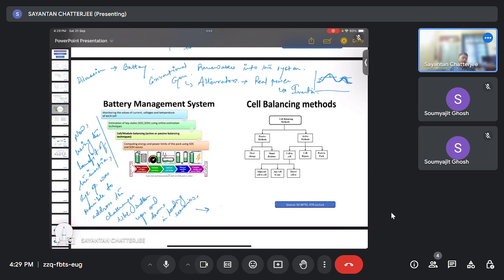So that means it is providing frequency maintaining support. Because ultimately we'll also have to maintain the frequency.